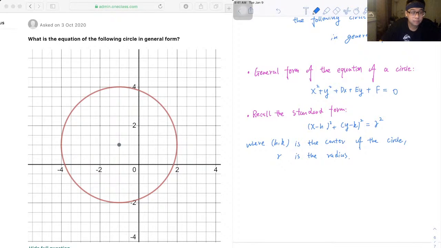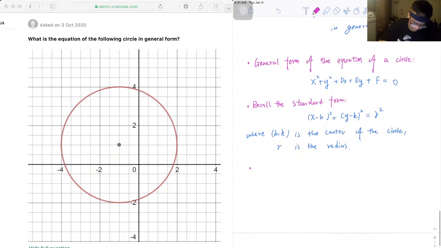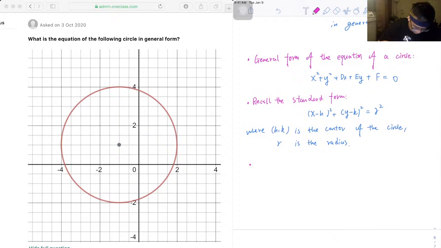Right. So as seen from the given graph, we know that the center is at the black dot right here. So it is negative 1 and 1. So now let's find out the center and the radius.